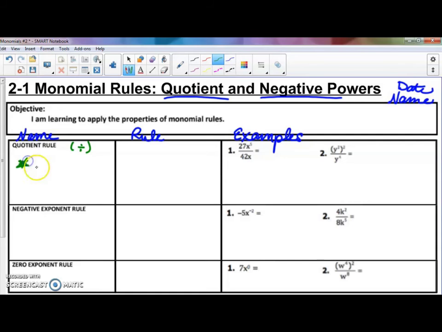It has two steps. If you think about your multiplying rules, they're just the opposite because we're dividing now. So we're going to divide or reduce coefficients. And now we're going to subtract exponents of same variables.